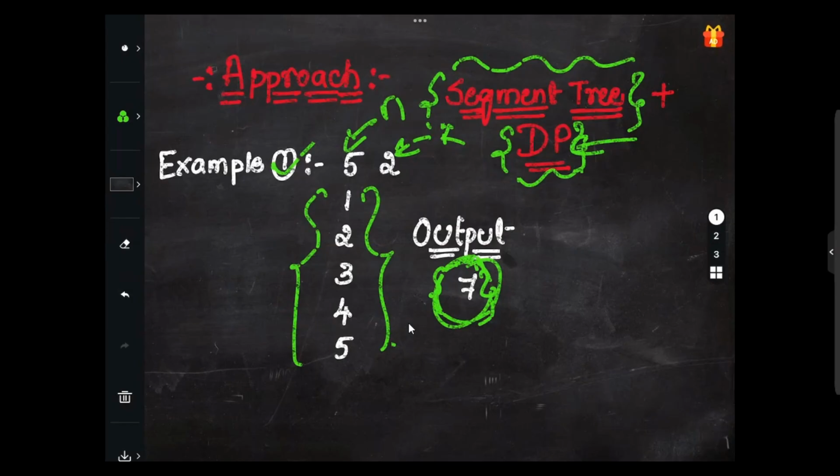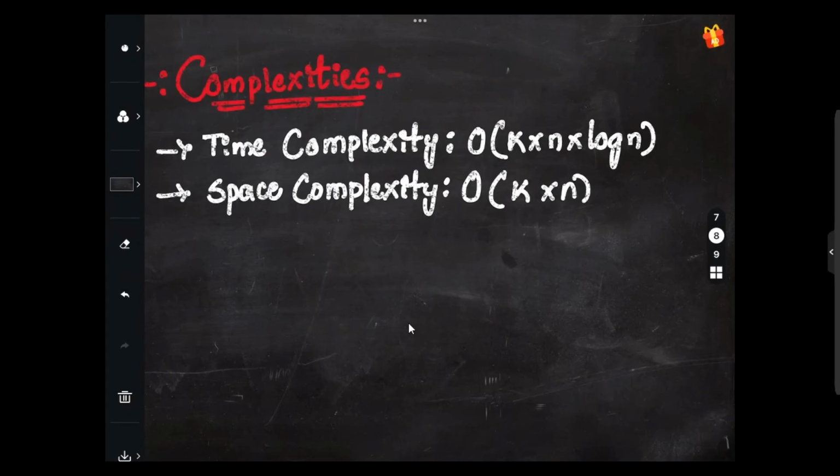Now as we are completely familiar with the approach, let's discuss the complexities part. What would be the time complexity here? The time complexity would be big O of k into n into log n. Why is it k into n into log n? For each of the k plus 1 lengths that they have given in the question, we are processing n elements.